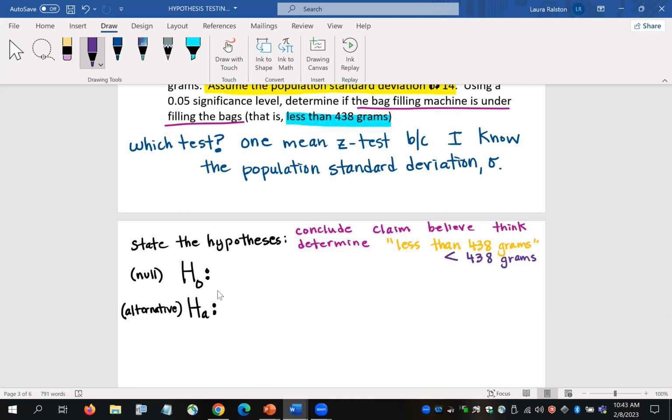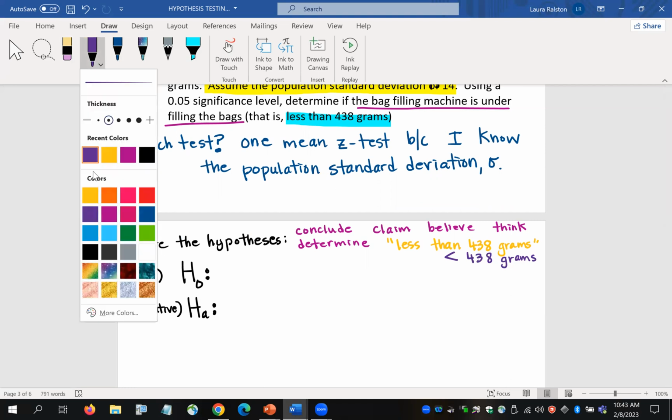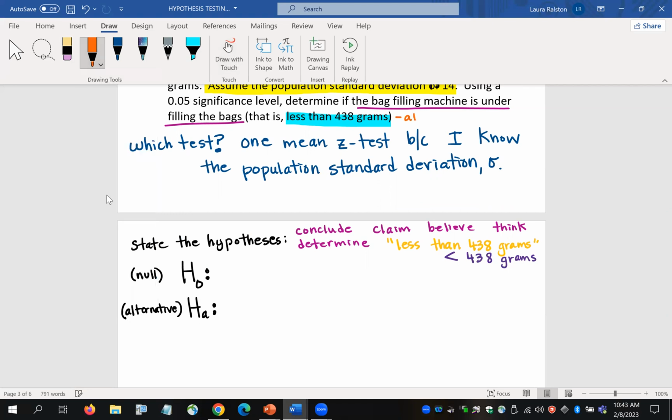Because it does not contain equal in any shape, form, or fashion, it has to be the alternative. This statement from the problem is the alternative hypothesis. It is the alternative, again, because there's no equal.